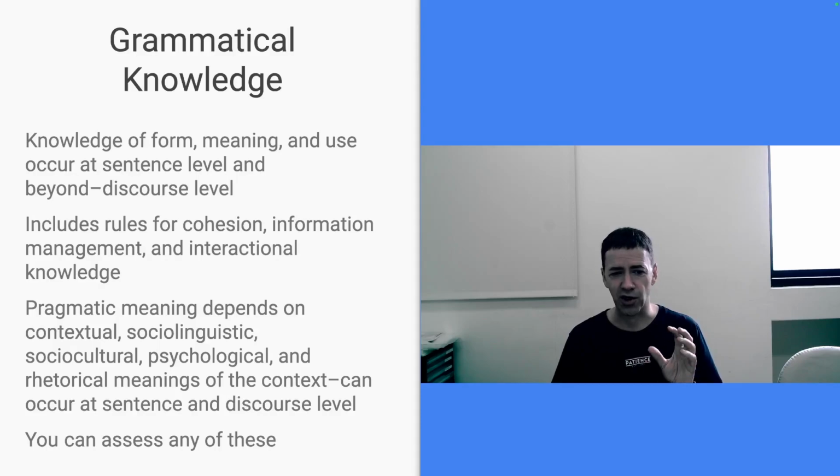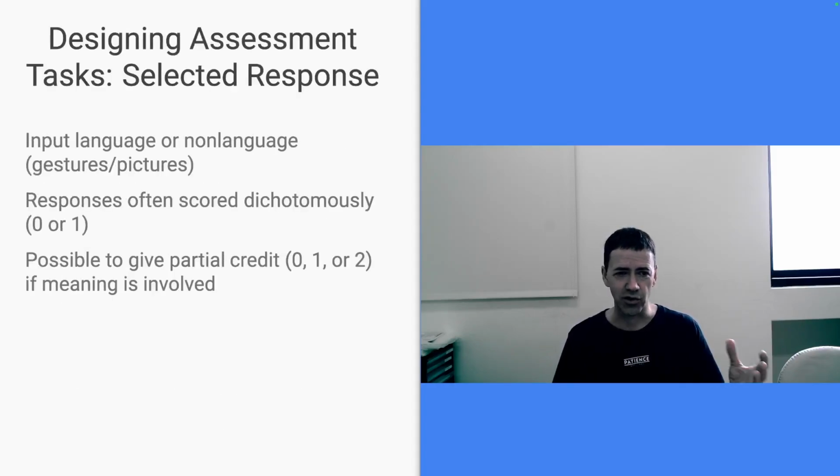And they can occur at the sentence and the discourse level, and you can test any of these. As you can see, there's a lot going on when it comes to grammar. Now, I'm not going to go through all of these in great detail because this is not a grammar video. This is about how to test it. But later on there's a graphic I'm going to show which shows more specifically what you could actually test.